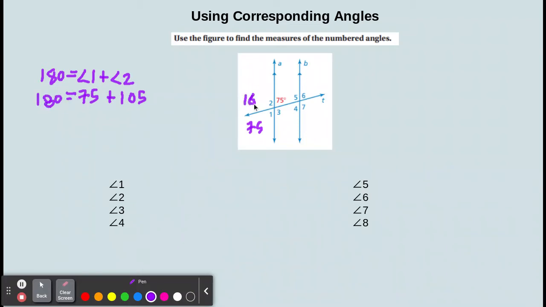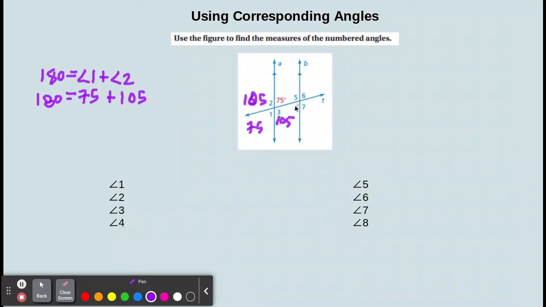Okay, now 105 degrees. Now, to find angle 3, we could also use our knowledge of supplementary angles or vertical angles. 2 and 3 are vertical angles. That means 3 must also be 105 degrees. Now, looking at this other set over here, we know that 1 and 4 are corresponding angles, 2 and 5 are corresponding angles, 75 degrees and 6 are corresponding angles, and 3 and 7.